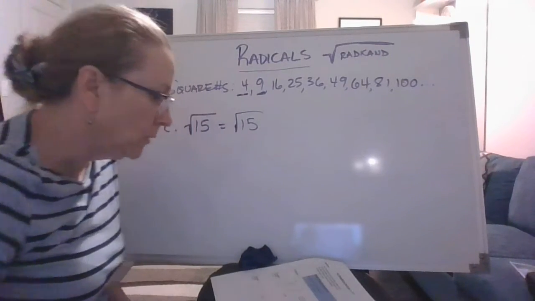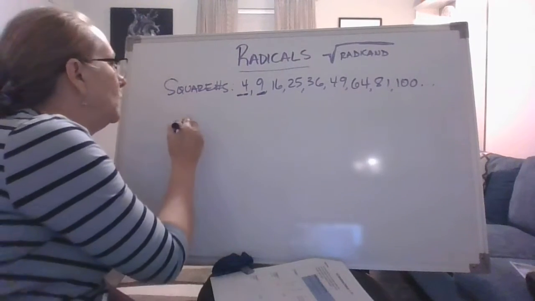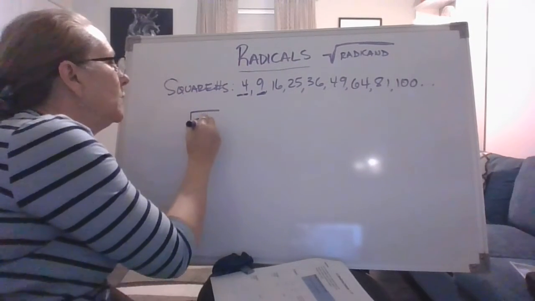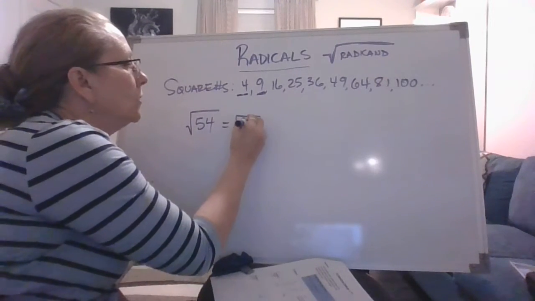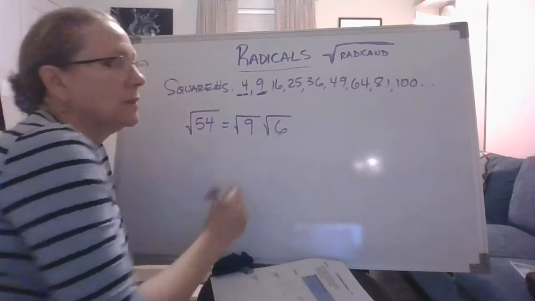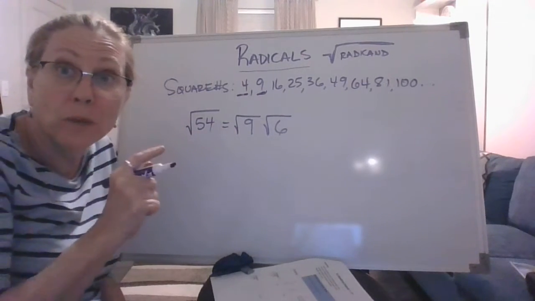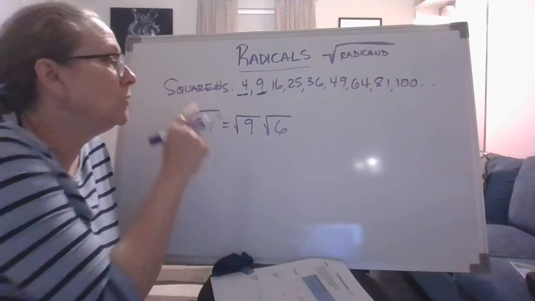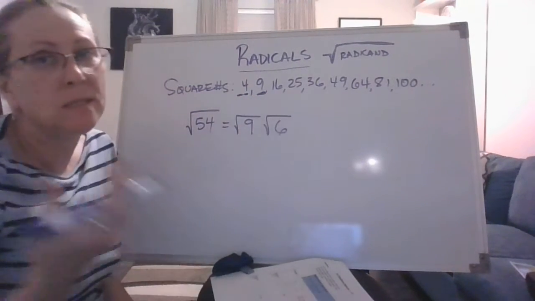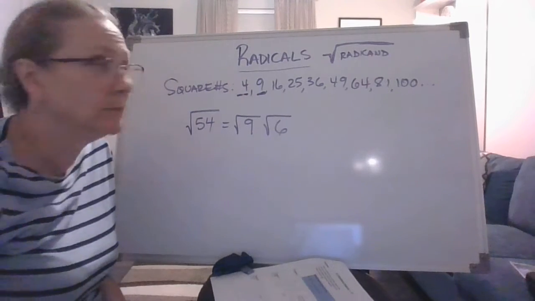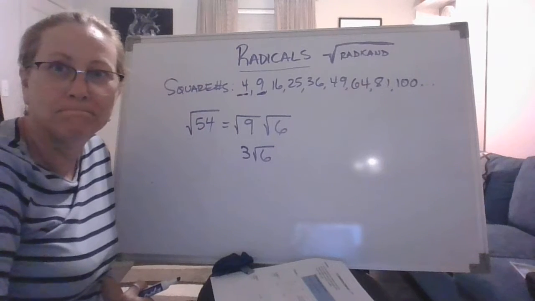Okay, let's roll to a few more of these. Let's do square root of 54. Another number that 9 goes into. 9 goes into it 6 times. Some of you are going, oh, 6 breaks down into 2 times 3. It does, but neither 2 nor 3 are on this list. So we don't care if it factors out. 3 root 6.